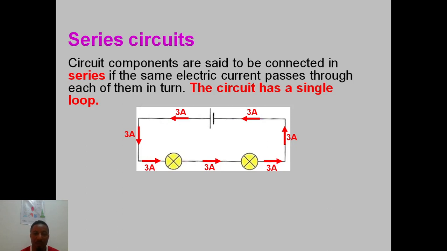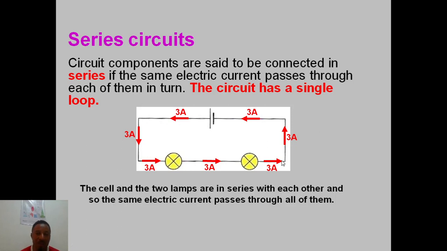Okay, the same current. So this kind of arrangement is simply a series arrangement. The cell and 2 lamps are in series with each other, so the same electricity passes through all of them at the same time.